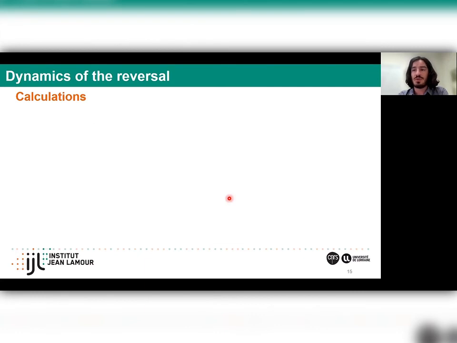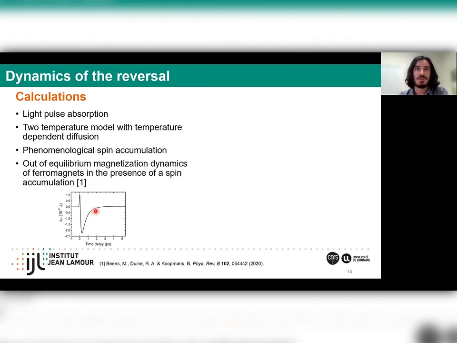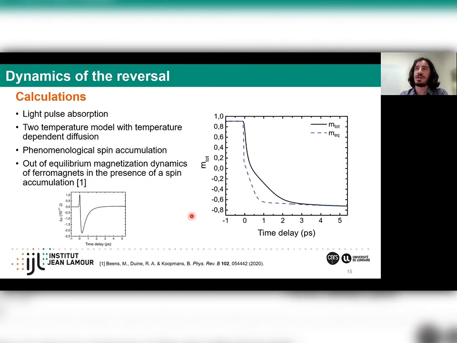In order to try to understand this and see why it makes sense, I made some calculations with light pulse absorption in multi-layers, a two temperature model, and this phenomenological spin accumulation, which are used as an input for the theory of out of equilibrium magnetization dynamics of ferromagnets presented in this paper. And this is what I obtained.